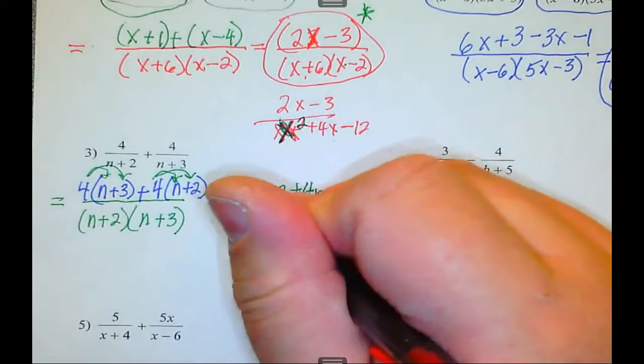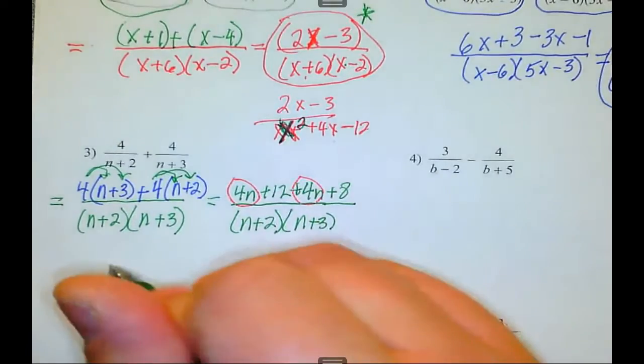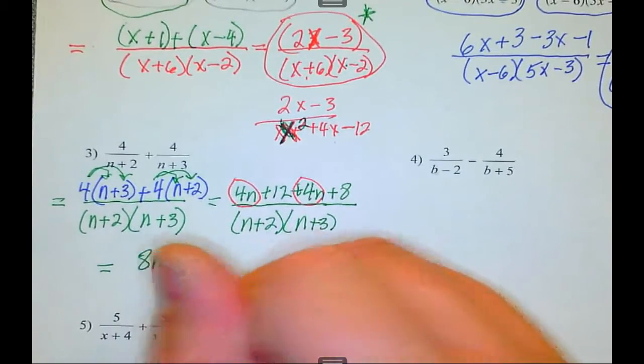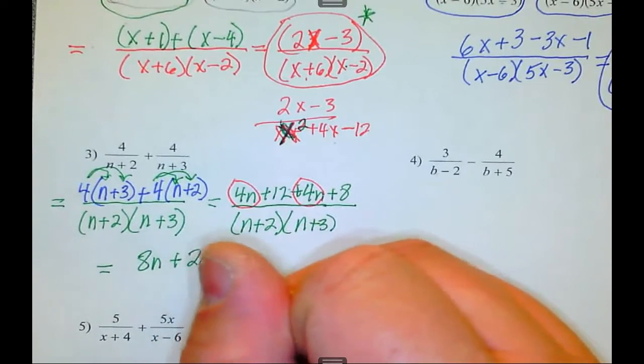See, I have 2 4n's. Gives me 8n. And 12 plus 8, 20.